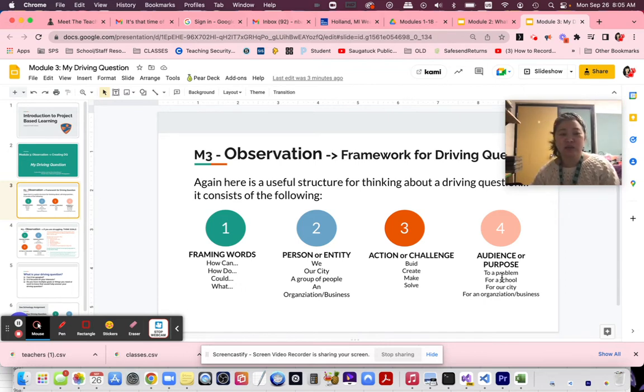Those are the things that are really going to take our driving question and make it larger, so we can do some additional research and really enhance those learning goals that we might have in our project. And of course, allow us to dive deeper into finding resources, into making it more meaningful as a whole.